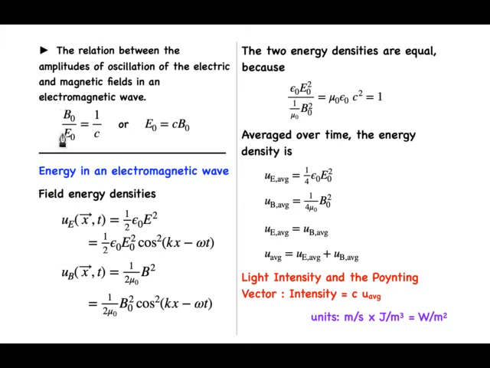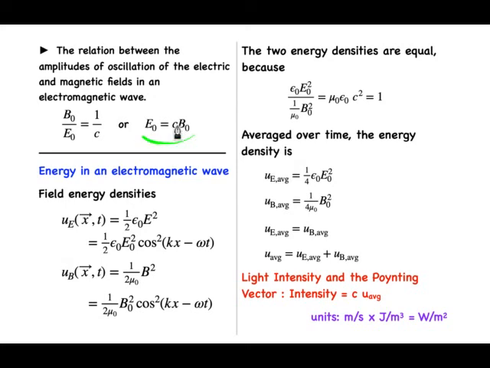B naught over E naught is K over omega. And K over omega is 1 over the speed of light. So the size of the electric field oscillations is equal to the speed of light times the size of the magnetic field oscillations.